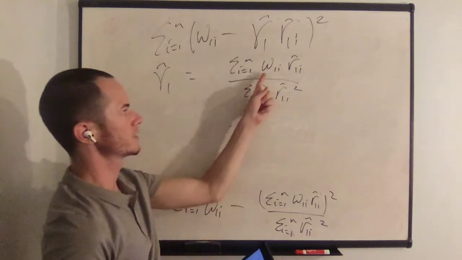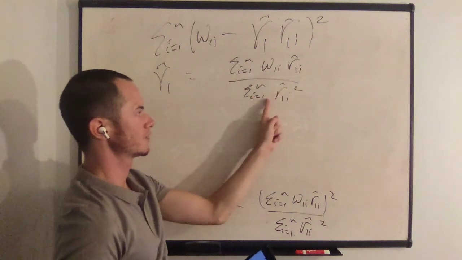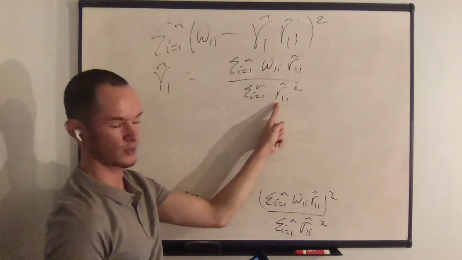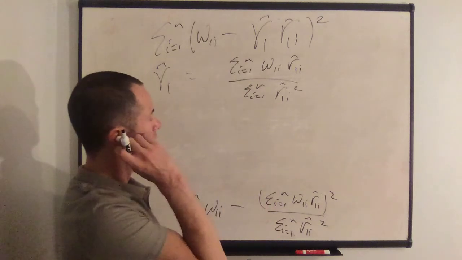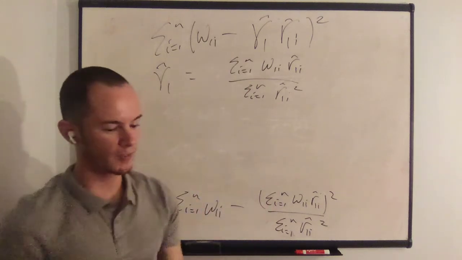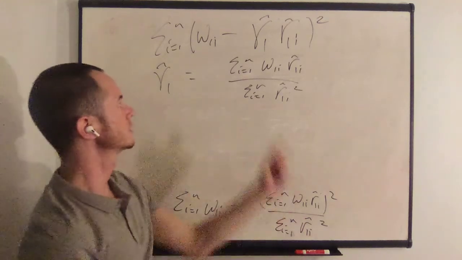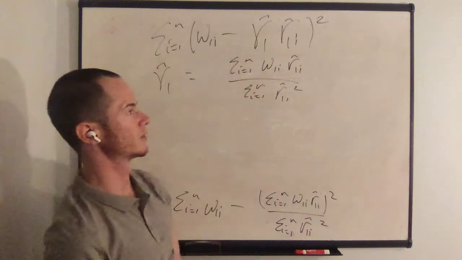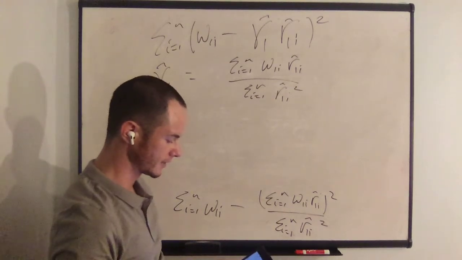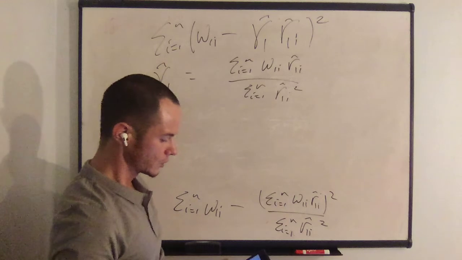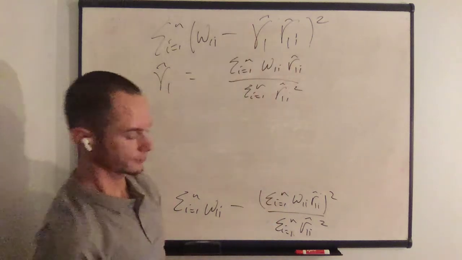So this is going to be non-negative unless we can perfectly predict w1i using r1i hat, which is not a reasonable expectation.